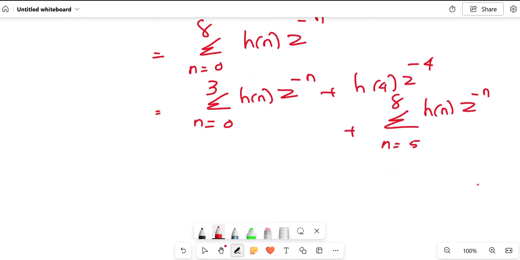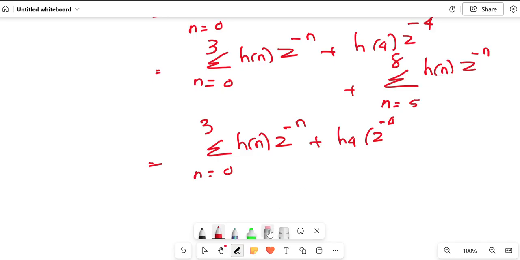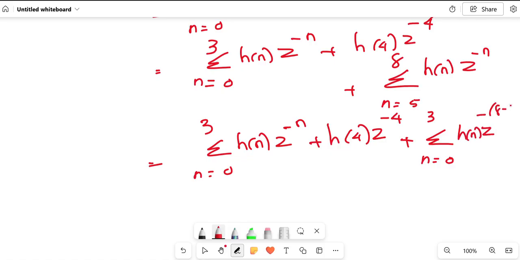So, you know the symmetry property. So, you can write summation of n equal to 0 to 3 h of n into z power minus n plus h of 4 into z power minus 4, plus the summation of n equal to 0 to 3 h of n into z power minus 8 minus n.